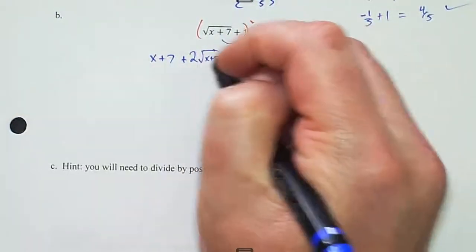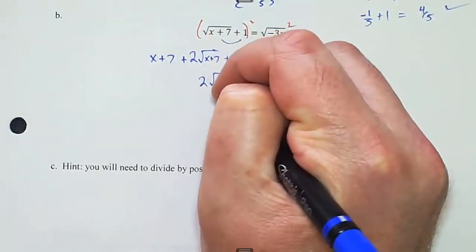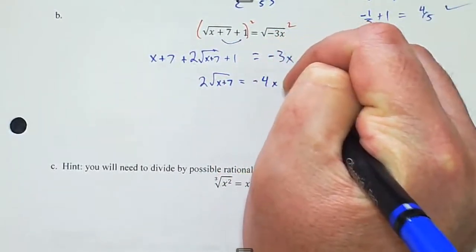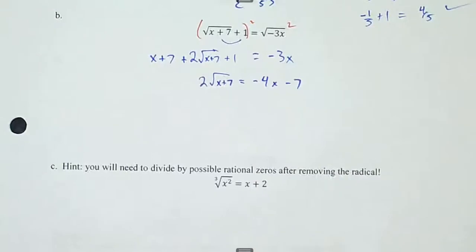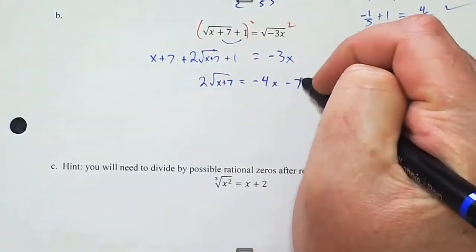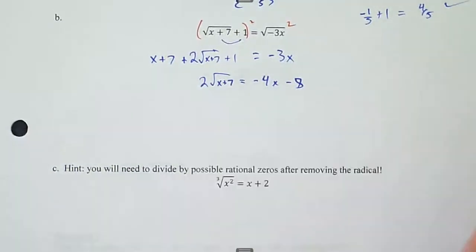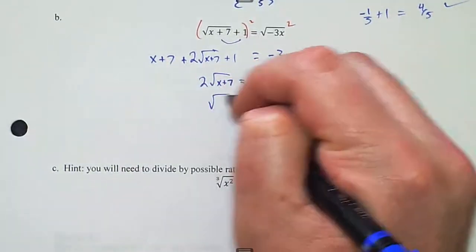All right, let's isolate the radical. And I get negative 4x minus 7 minus 8. 7 plus 1 is 8, all right? And it looks like I can actually go ahead and divide everything by 2 safely, so I will.